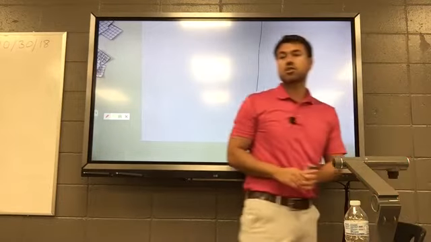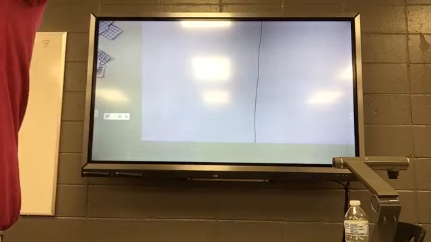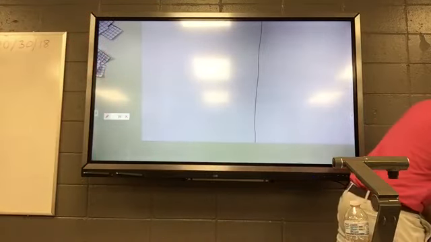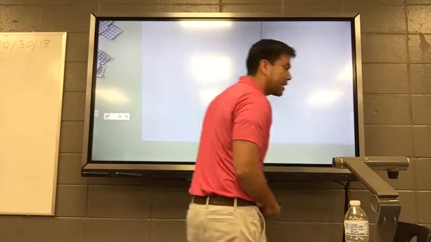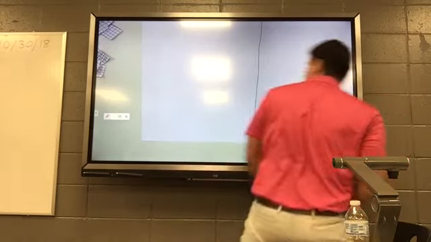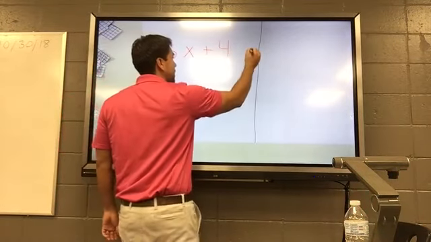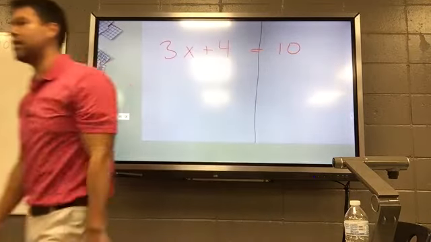I'm going to start with this row right here. So these two groups, you should be working on this new problem, but be ready for the old problem. I'll give you guys 3x plus 4 equals 10. That's you guys. I'm asking you now for the original.